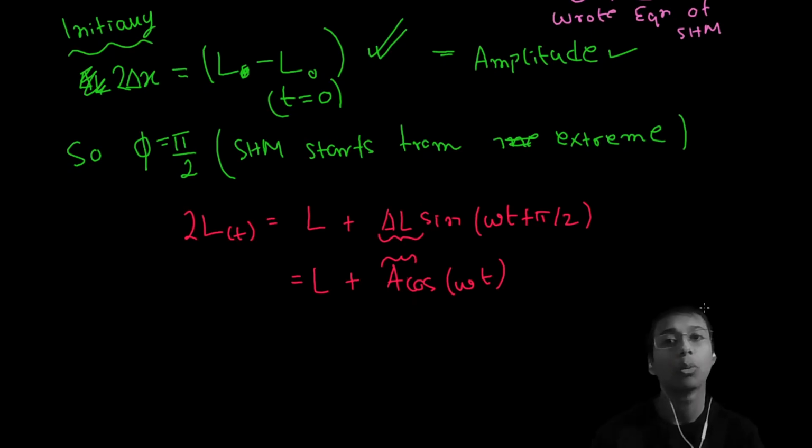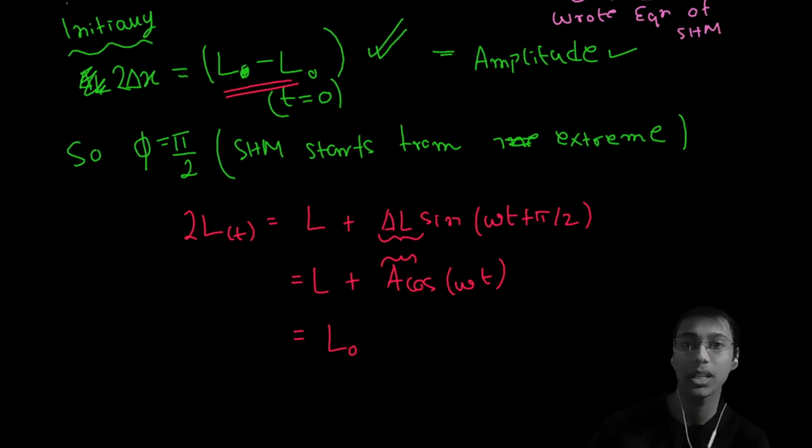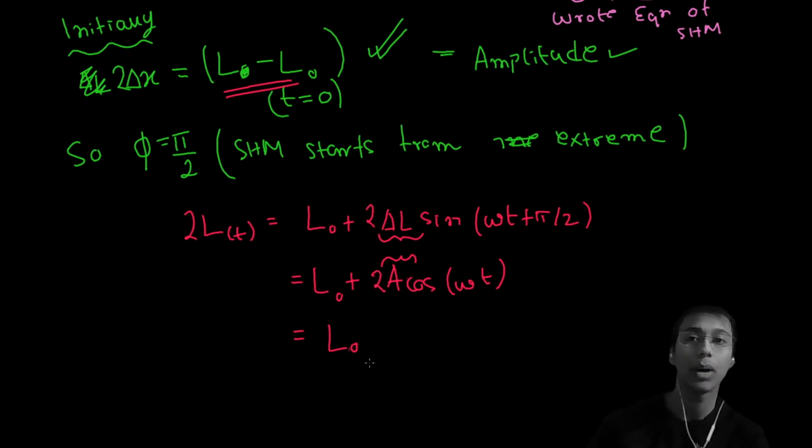And what is our A? We just found out it is L minus L naught. So, again sorry, I did a small mistake. First of all, these would be L0. Second, there would be a 2 added here and here. Why?